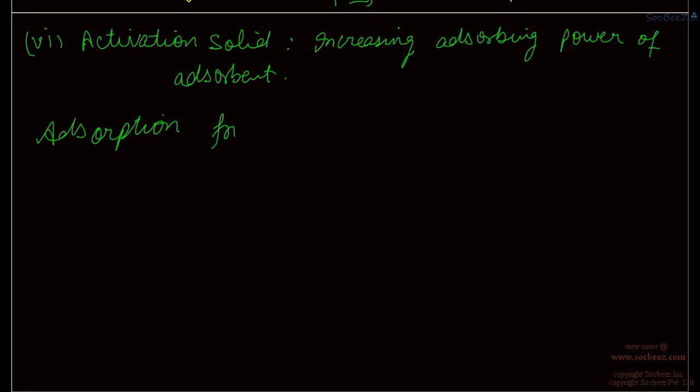In this case, the extent of adsorption, x upon m, equals K c raised to the power 1 upon n, just like with pressure. So the Freundlich adsorption isotherm is also applicable to solutions, if we replace the pressure term by the concentration of adsorbate in solution.